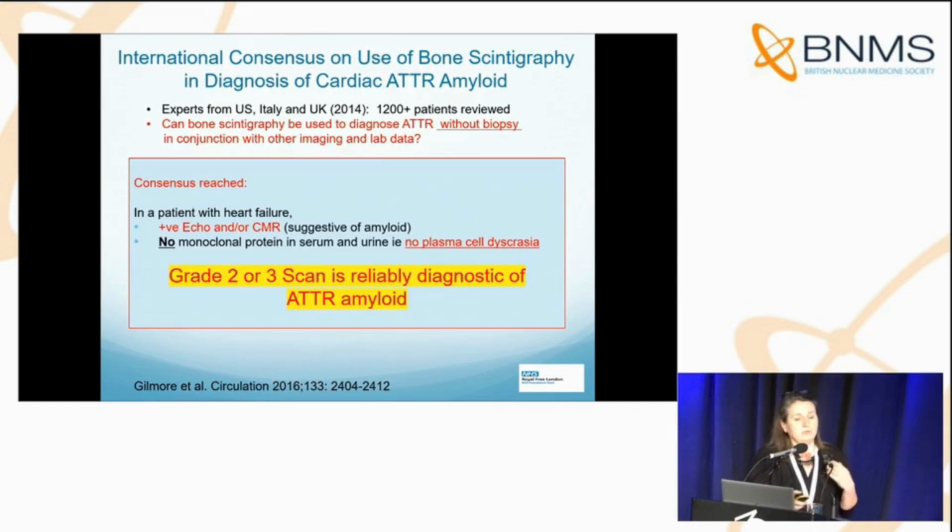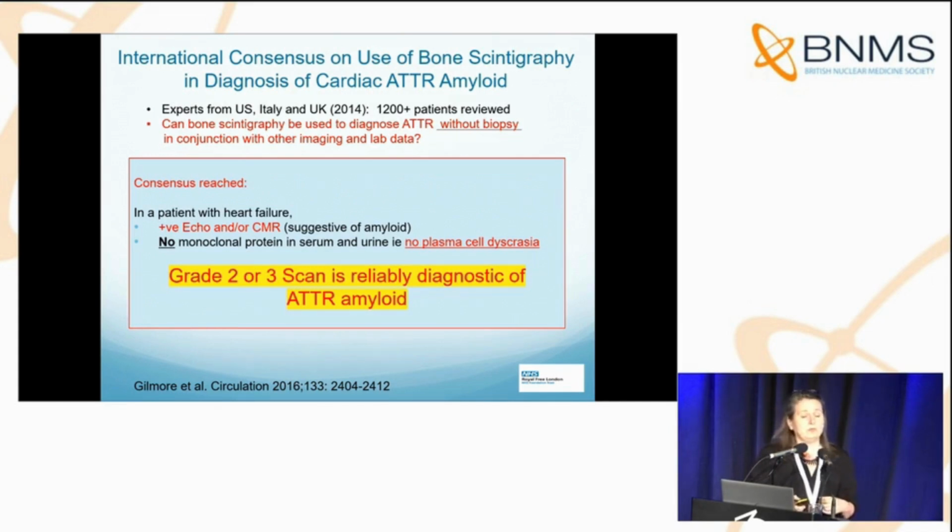Okay, so this is the consensus paper I think Carol briefly mentioned. It's a consensus paper by the great and the good dealing with cardiac amyloid, and they wanted to see how useful a DPD was for reliably diagnosing ATTR amyloid without biopsy.